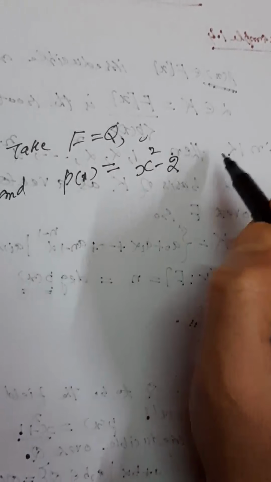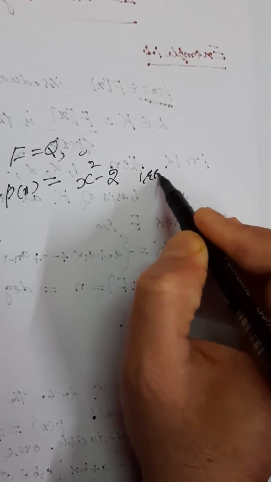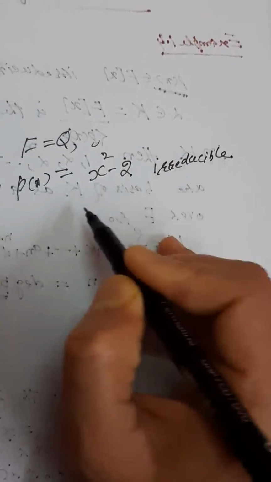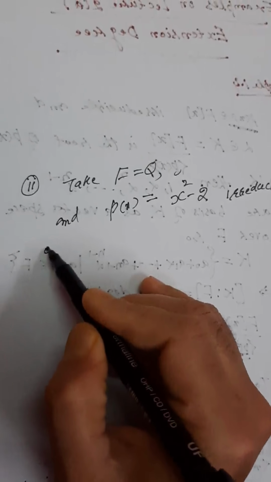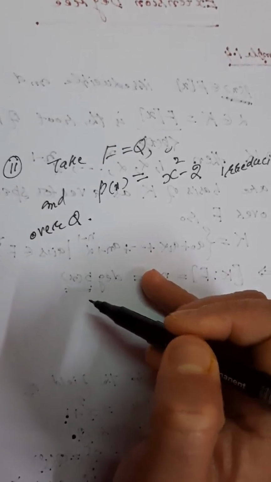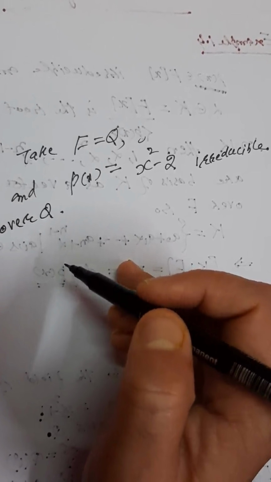Now this polynomial is irreducible over Q. Why is it irreducible over Q? Because of Eisenstein's criterion.